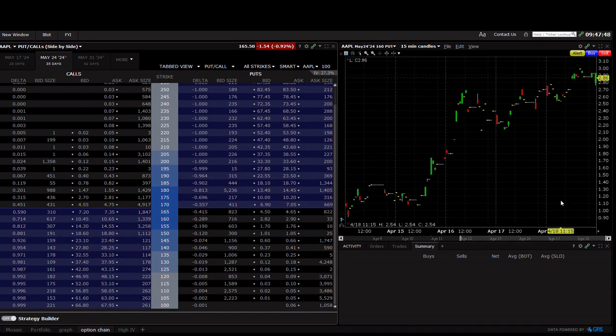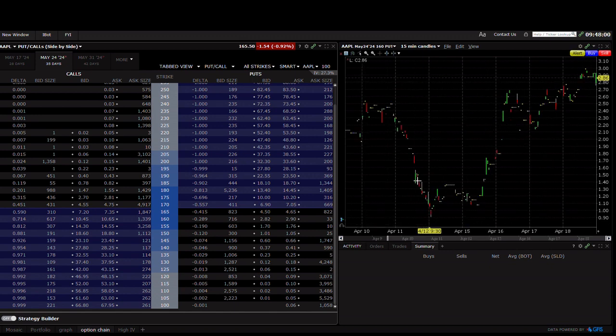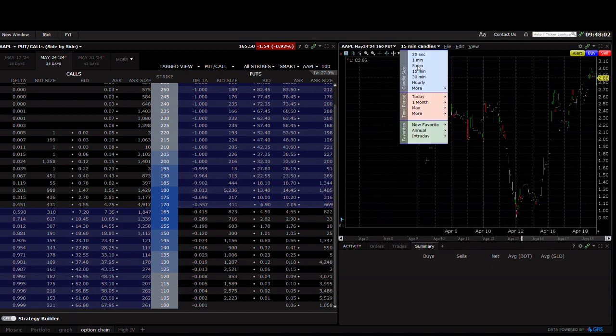Okay, so I think we can see it here. I think what we took is the option 160. So this option of 160 on April 15th, let's say daily. Will it work for daily?